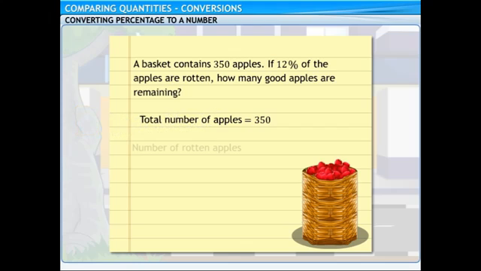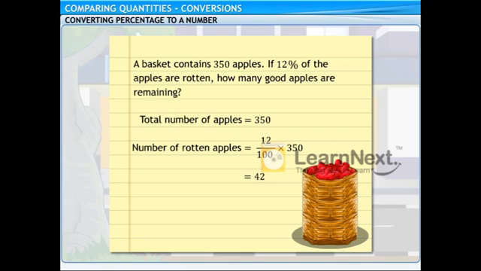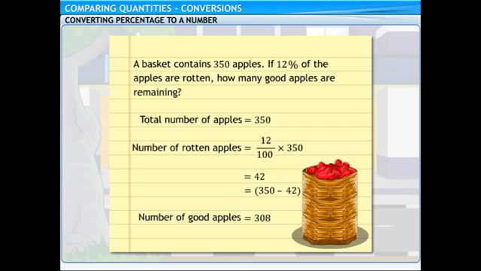Now, 12% of 350 apples are rotten. This means 42 apples are rotten. If we subtract 42 from 350, we have 308 good apples. In this way, you can convert percentages to numbers and use percentages in your daily life.